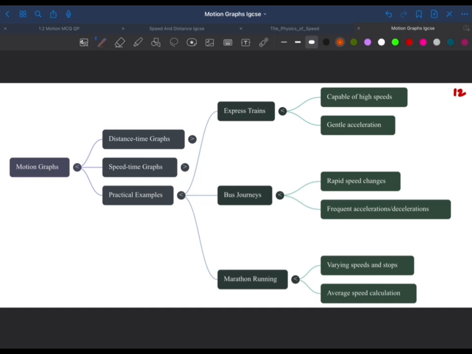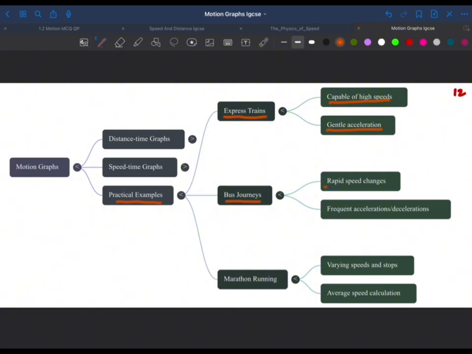Last but not least, what practical examples do you have? Suppose you have the express train, capable of high speeds and gentle acceleration. So the express trains move with high speeds and have gentle acceleration. In the case of a bus journey, what will happen?